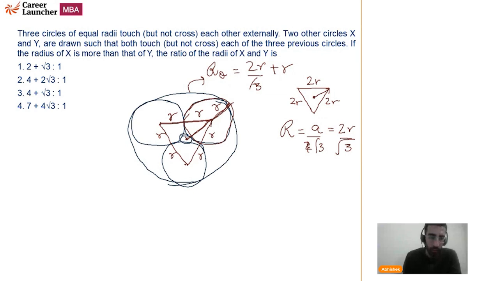What about the inner circle radius? The inner circle radius is also easy to calculate because I know this is capital R, the circumradius of this triangle. So from this, if I subtract till here, small r, I'll get this smaller radius. Let me make it very, very clear.